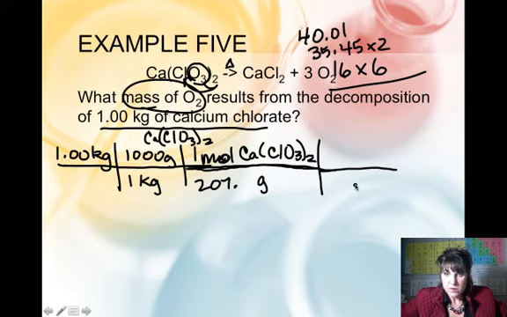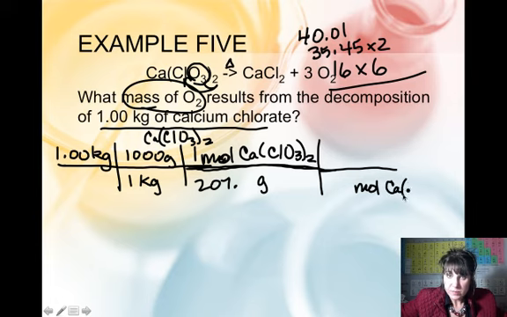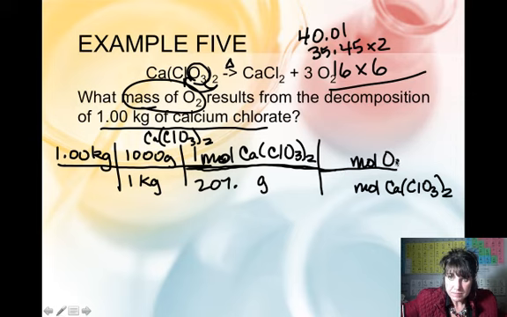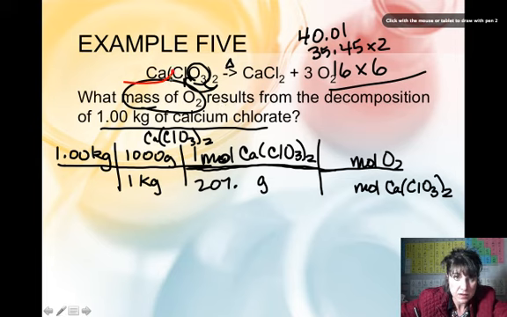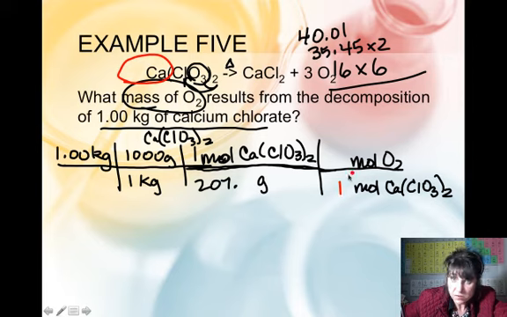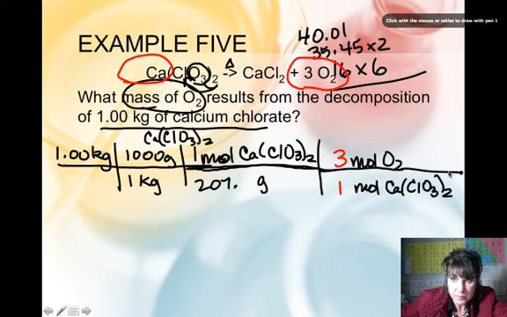So I want moles of calcium chlorate down here, Ca(ClO3)2, and I want to change it into moles of oxygen. So now let's go up to your balanced equation and see what we've got. Right here, how many calcium chlorates? This number is just a 1. Since there's not a number there, that means there's only 1. And then 3 oxygens. Don't forget that mole ratio.